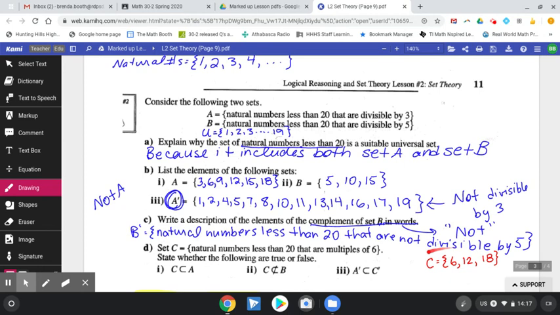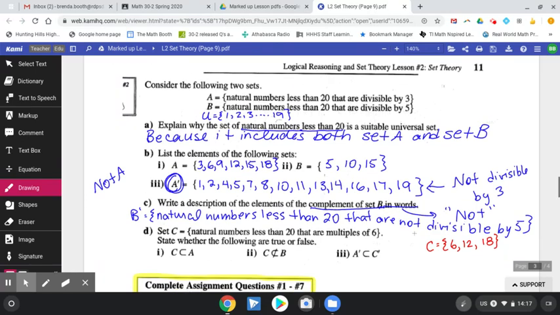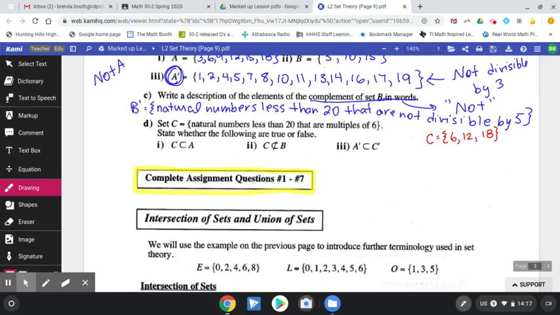There's set C. If all of these numbers are in set A, then C is a subset of A. So looking up here, I see the 6, the 12, and the 18. So this first statement is true. C is a subset of A.